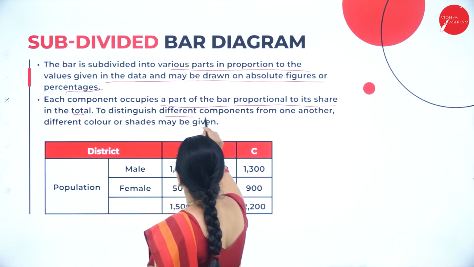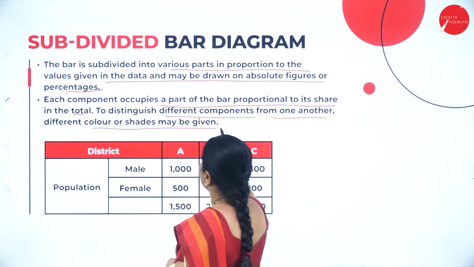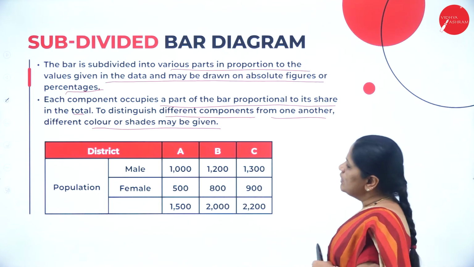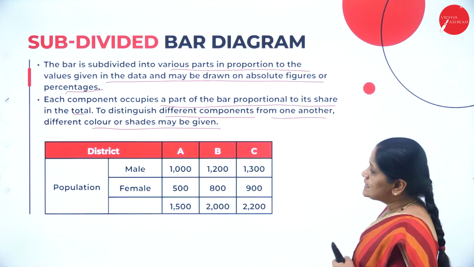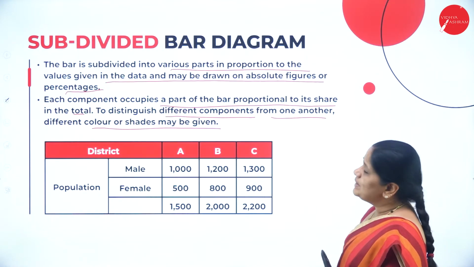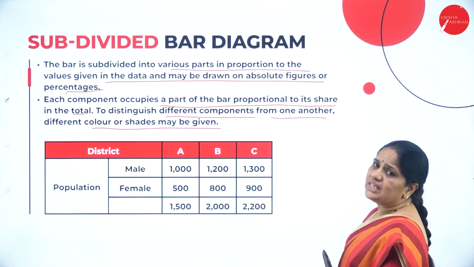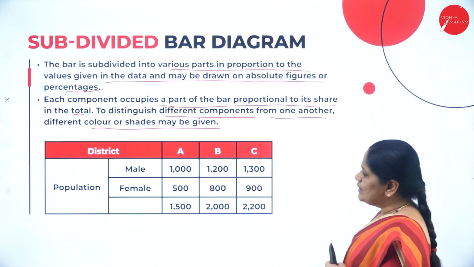To distinguish different components from one another, different colors or shades may be given. So, with the help of different colors and shades, we will be able to represent the subdivided bar diagram. In one bar only, we express the different values.